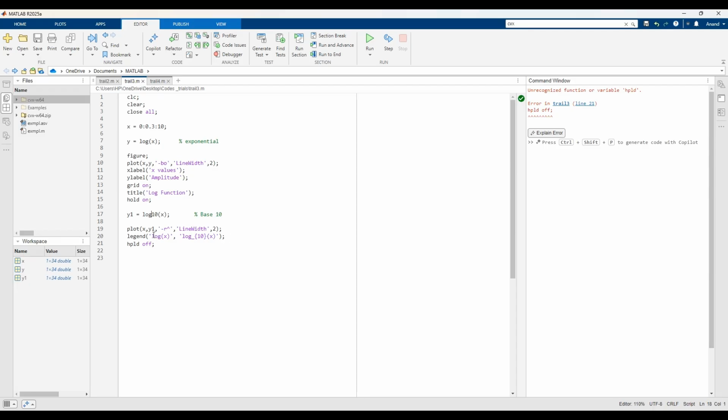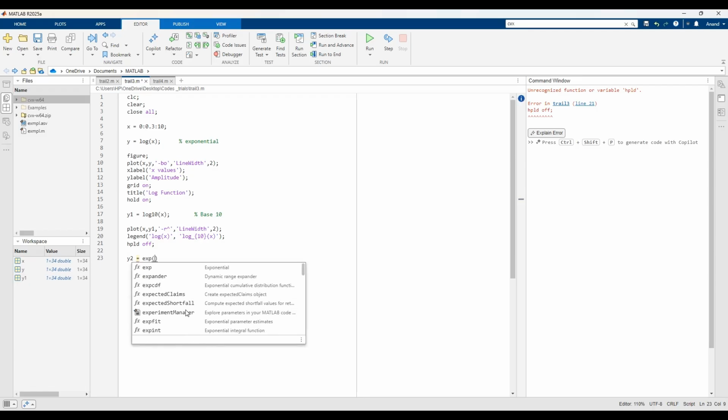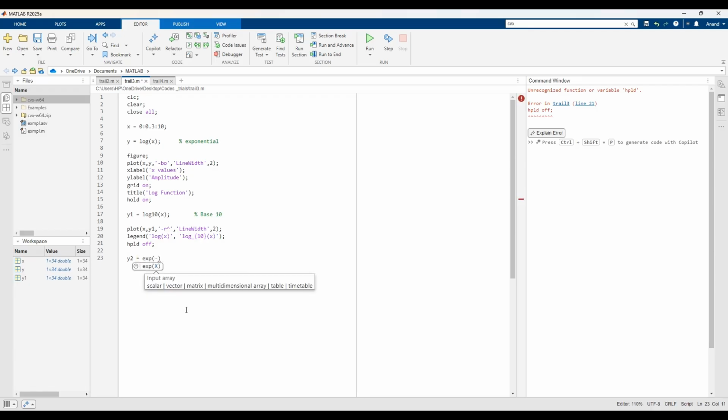Okay, so now let's try the next one. It is exponential, because we need to see how the exponential curve will look, because we can calculate the exponential terms by calculating the ln term. So just drawing the graph of exponential, which is e to the minus x.